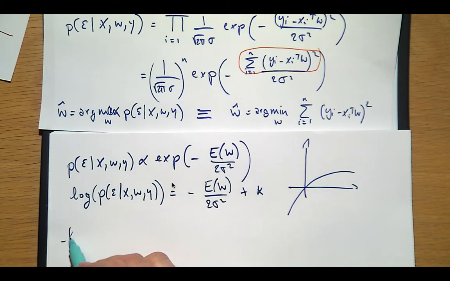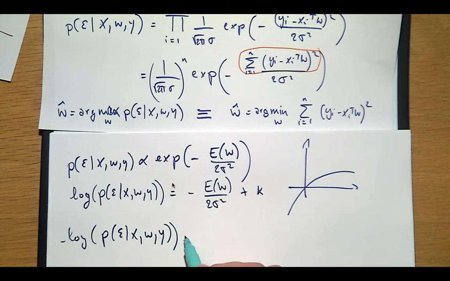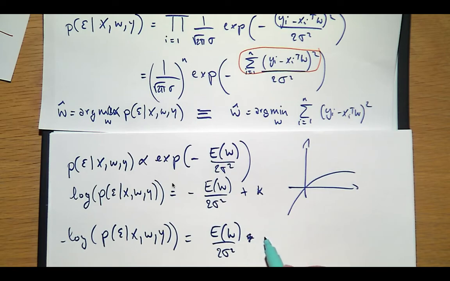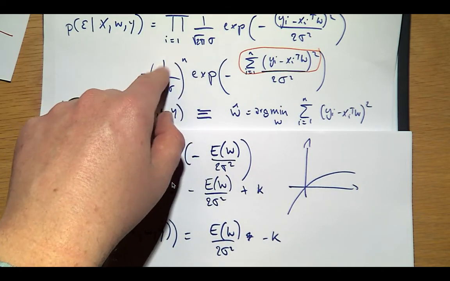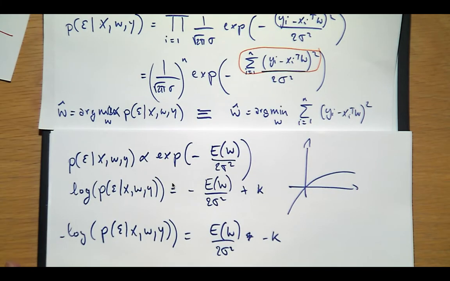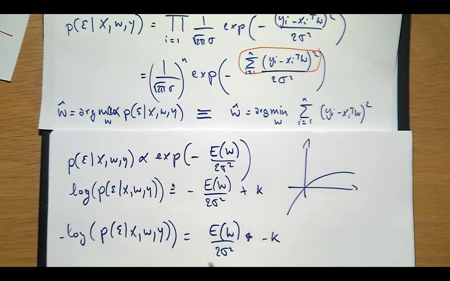And then if you take the negative log of this, the constant k doesn't matter, since the constant k comes from this coefficient here. And so we have the direct relationship here between the least square and the negative log likelihood.